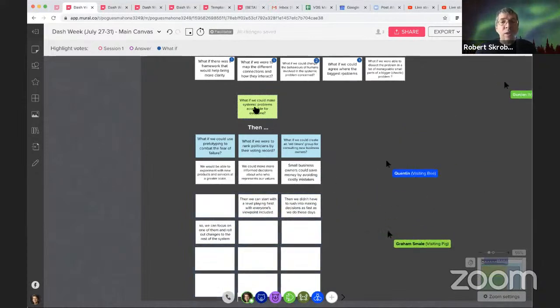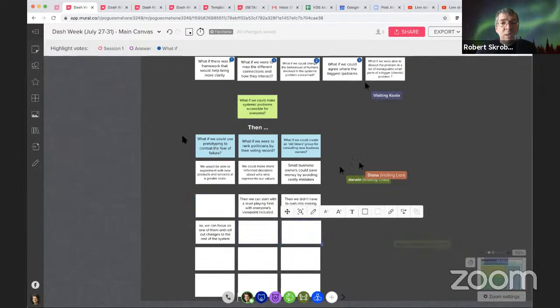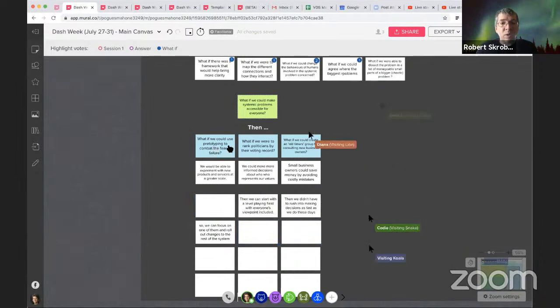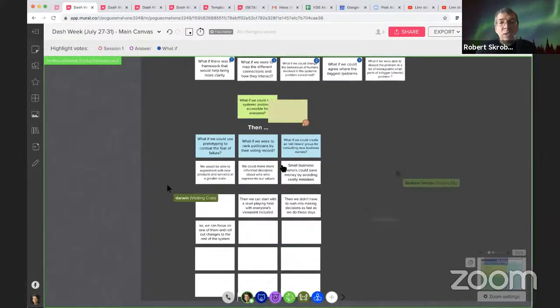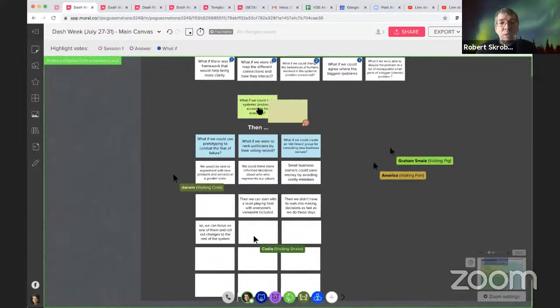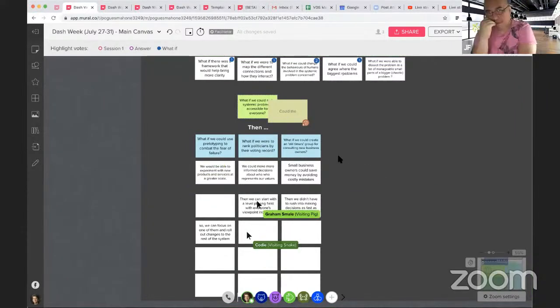If our what if is, what if we can make systematic problems accessible for everyone, then the answers would go down in these white cards down here. These 2 at the top are just examples. What if we could use creative typing to combat the fear of failure? We would be able to experiment with new products and services at a greater scale. So essentially, you're just pairing between the what if here and the answers you could have here.